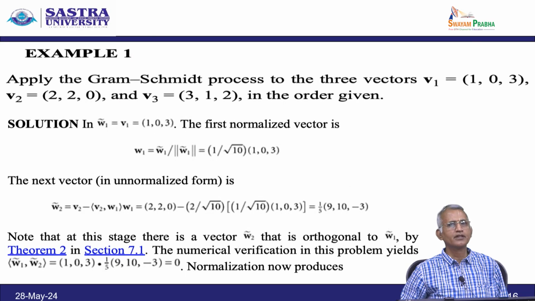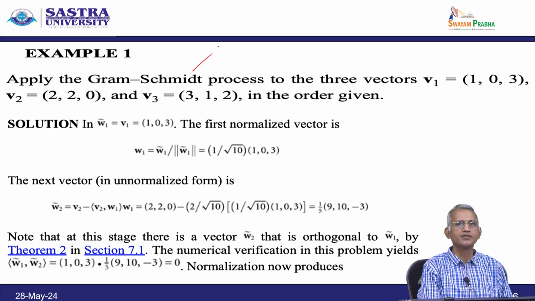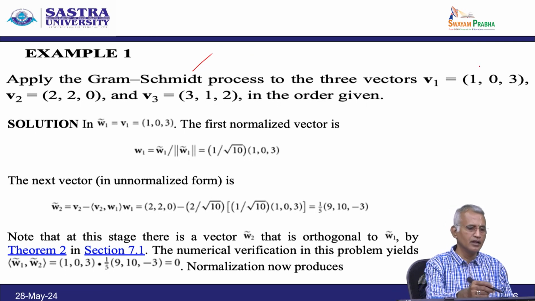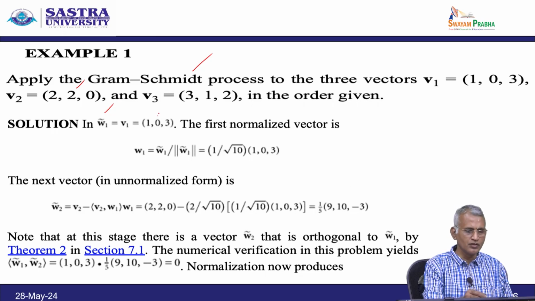Now, let us go with an example of the discussed statement of the theorem. Apply Gram-Schmidt process to the three vectors V1 equal to (1,0,3), V2 equal to (2,2,0) and V3 equal to (3,1,2) in the order given. Now, what you have to do is, first step, you take W1 and V1 the same, and let it be given as (1,0,3).